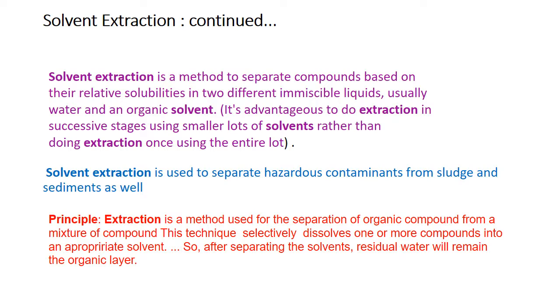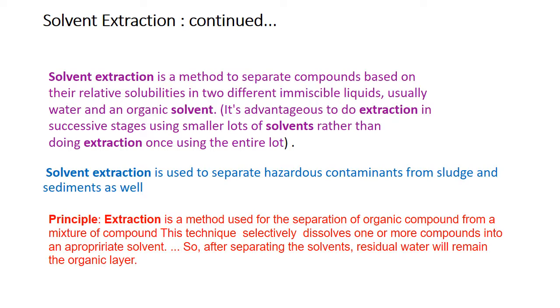And for the terpenoid which we are going to separate, or isolate, the solubility in these two solvents must be different. Sometimes in one solvent the terpenoid is less soluble while in another it is more soluble, or in one solvent it is insoluble and in another it is soluble.